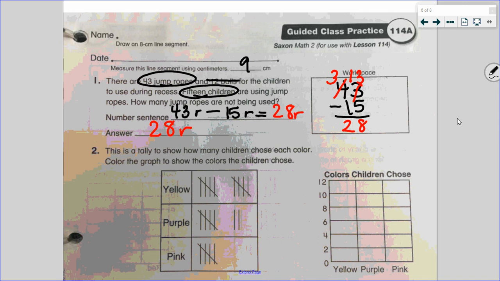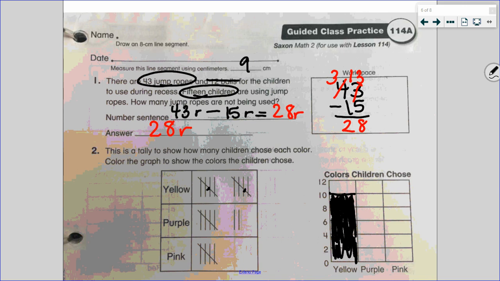We'll be building our bar graphs up from the bottom. So let's see, how many chose yellow? Well, this is tally marks, and I know those are groups of 5, so this is 5, 10. So I'm going to go ahead and just put me a line over here at 10, and then I can shade in to show that 10 people or children chose yellow.